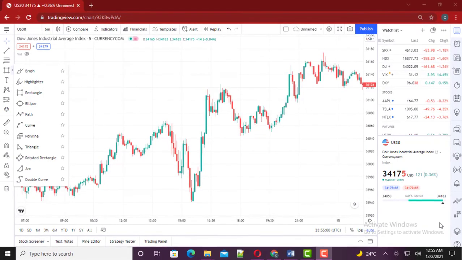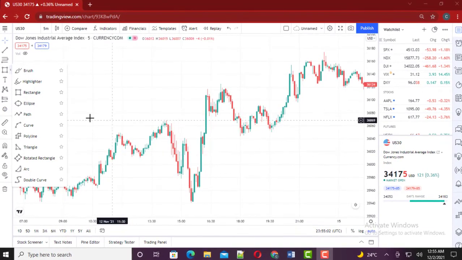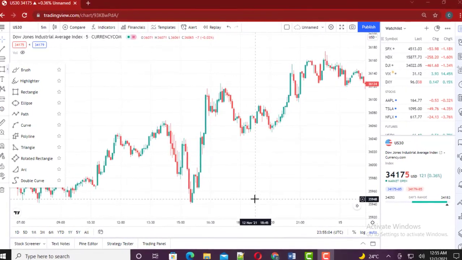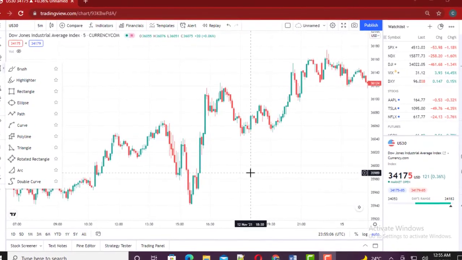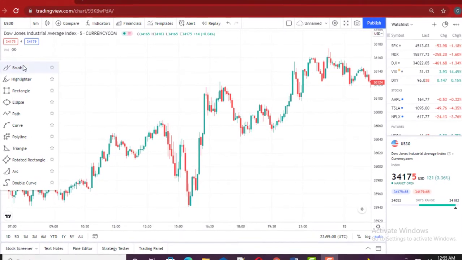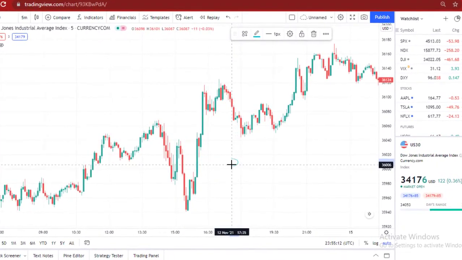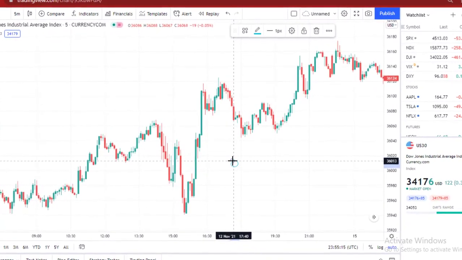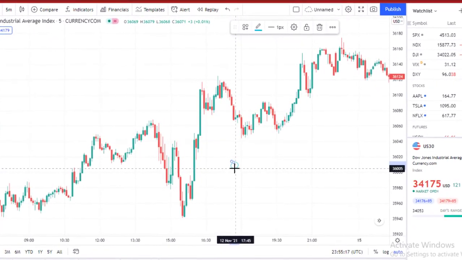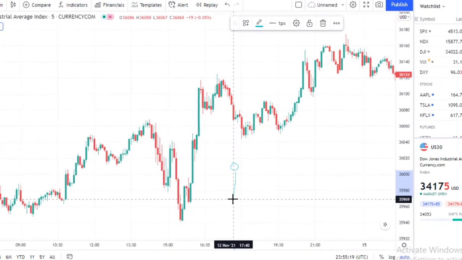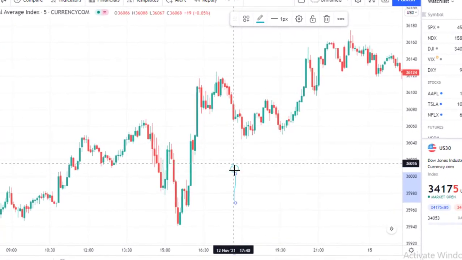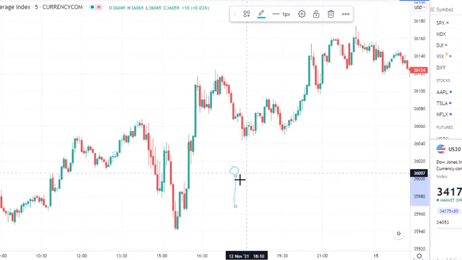Whenever I have a hammer in a demand zone or a doji in a demand zone, I just go long. So a hammer looks like this. We have a small green candle, then with the wick. So this is a typical example of a hammer.